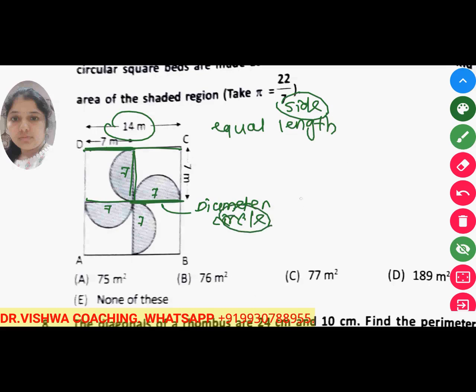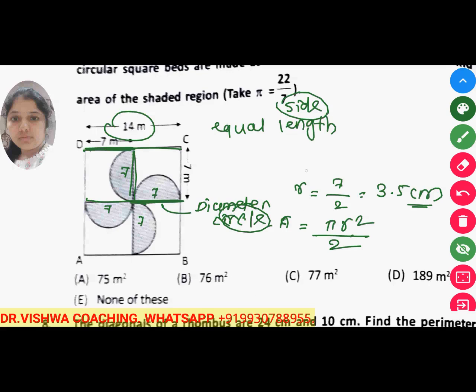Okay, so from the diameter we can find the radius. 7 upon 2 gives us the radius of the semicircular portion, which is 3.5. Now the area of a circle formula is pi r square, but it is half of the circle, a semicircle, so pi r square divided by 2.